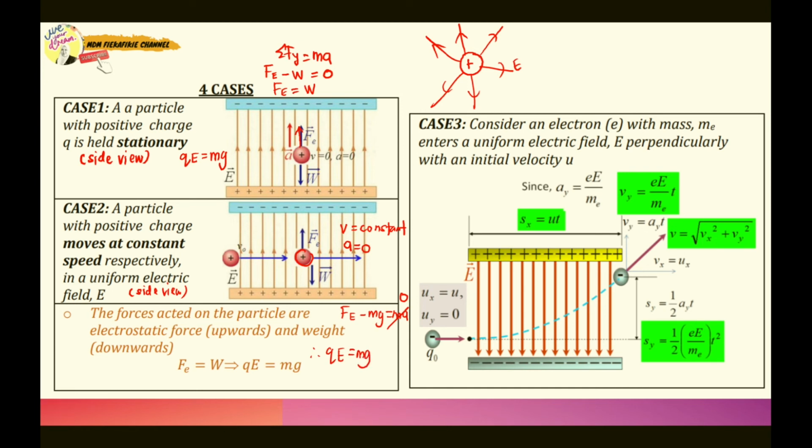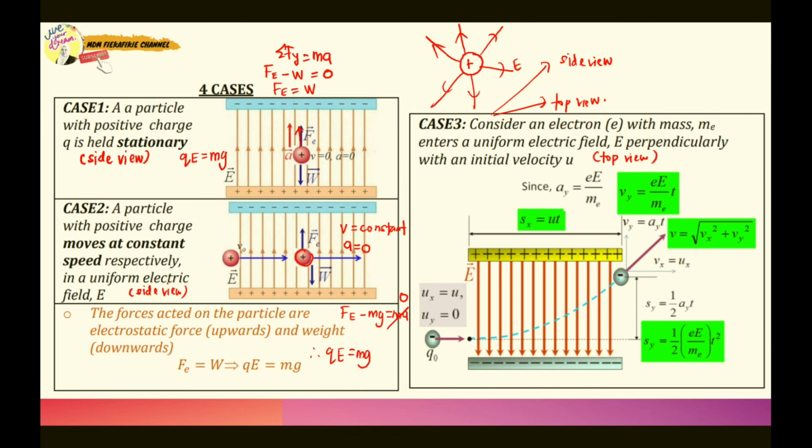In this case, we can look at the plates in 2 types of view: the side view or the top view. Let's say this is from the top view. If this case is from the top view, the direction of the weight is actually not downward, but into the page.